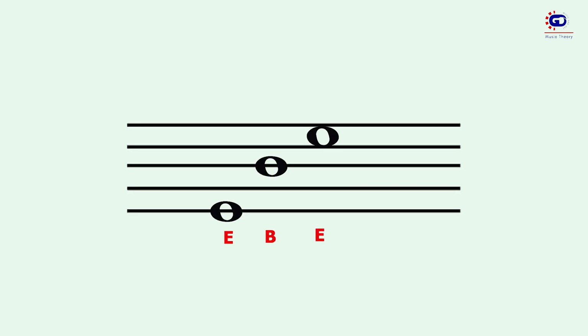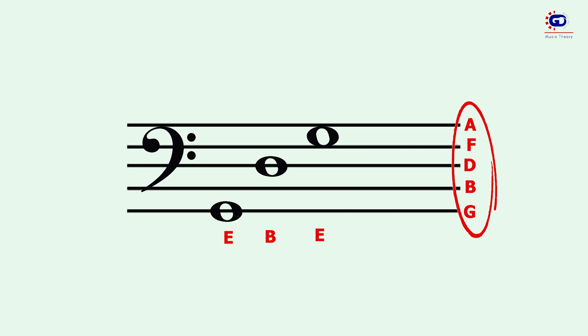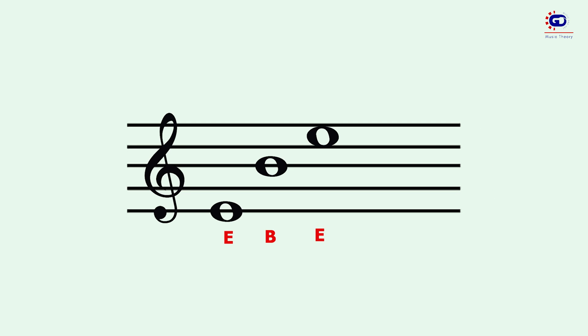For instance, if I put my bass clef there, remember, we said that the lines of the bass clef are Good Boys Does Fine Always. That means this has changed, and then this will be an error. If I put the treble clef at the beginning, then it names it correctly. Then I have Every Good Boy Does Fine. So this is my E, then this is my B, then the spaces F, A, C, E.